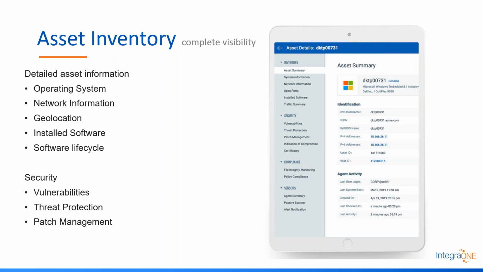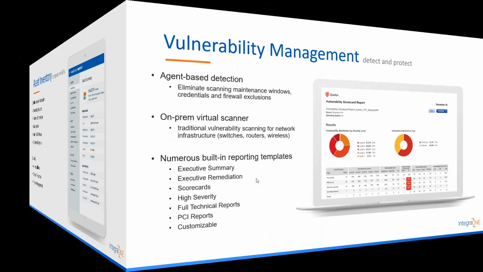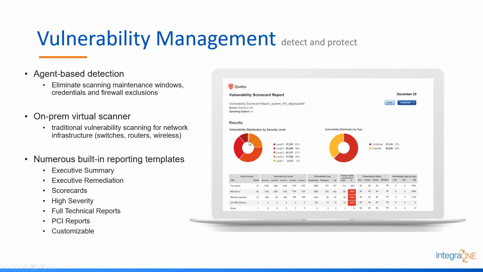I can also dive into the asset itself if I want to look on a per asset basis, and get that vulnerability info. Likewise, the threat protection or patch management. If I want to see what patches are available for this specific asset, I can do that directly from the inventory.